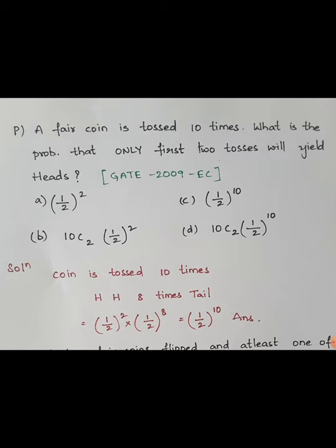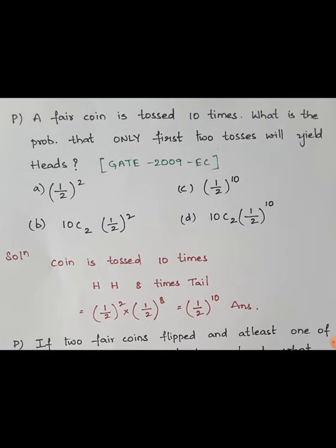Read the question. 10 times you are tossing the coin, and we are checking the possibility that the first 2 times I am getting the head, and the other 8 times I may get the tail.